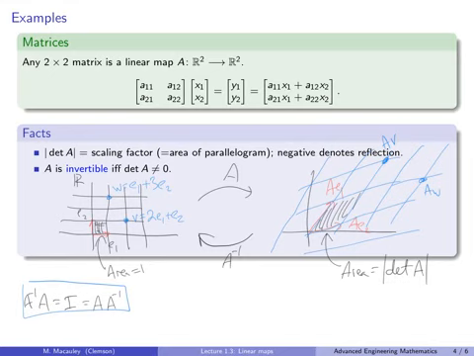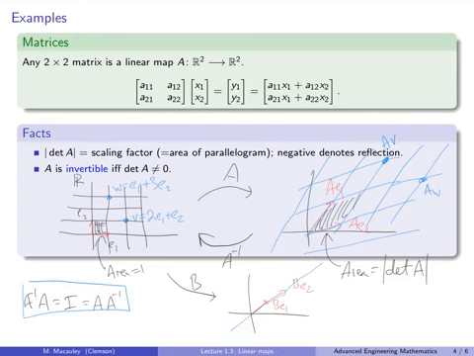So notice that the other case would be, let's suppose you had another map, let's call it B, and suppose that for this map, so we're using this picture for the domain, B times E1 was here and B times E2 was here. It was a scalar multiple of that.